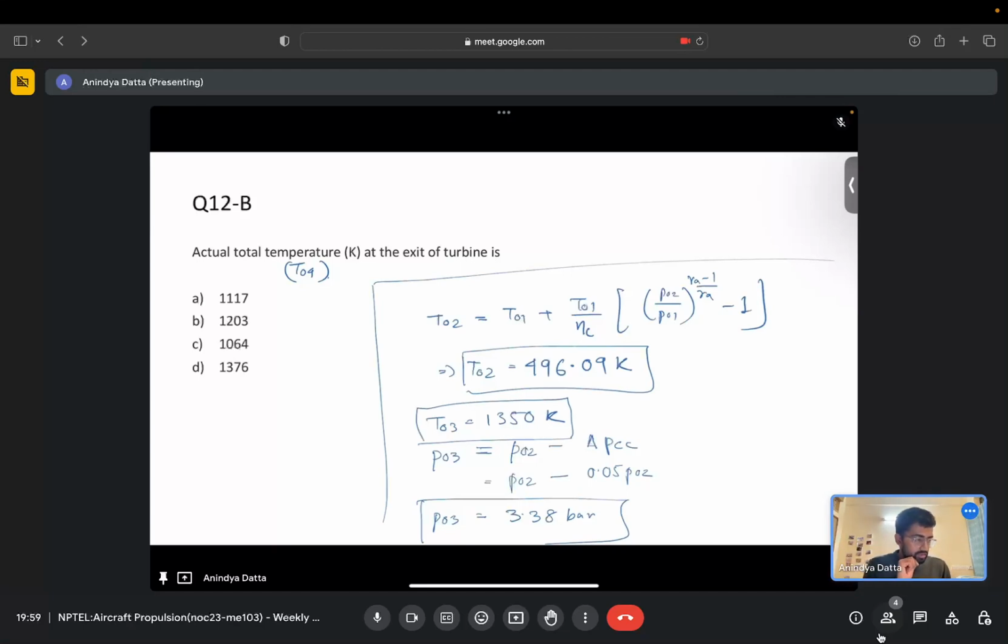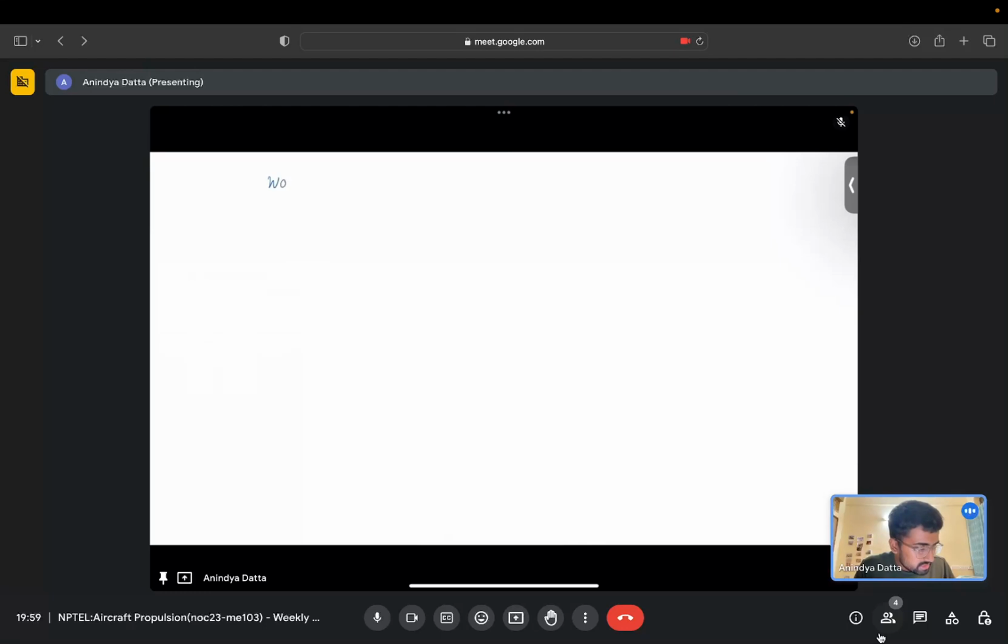Next, we have to do work matching between the compressor and turbine. Remember, the compressor work divided by the turbine work is equal to our mechanical efficiency.